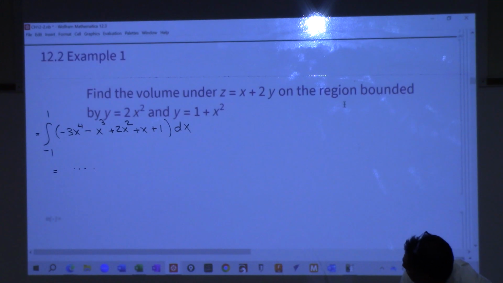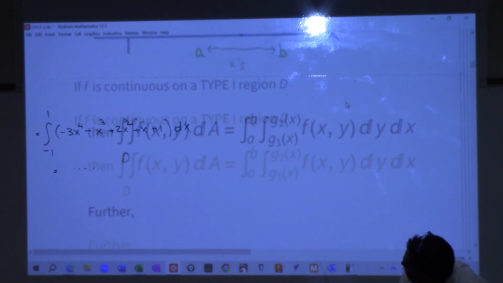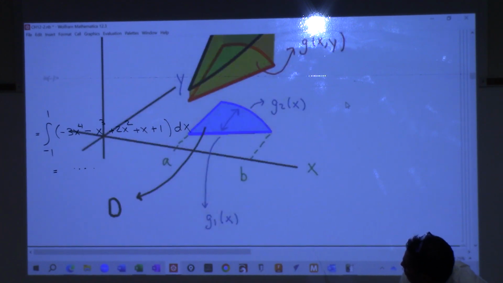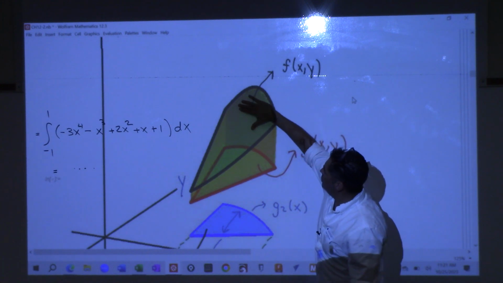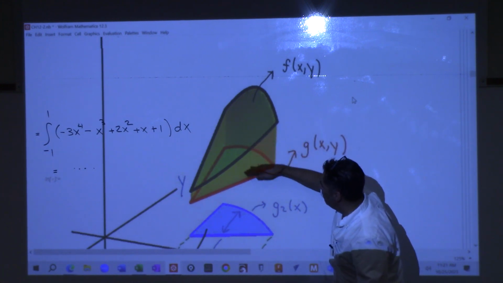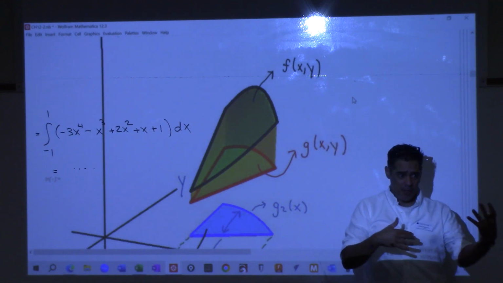All right, so now I'm going to scroll back up. Type 1 region: if we had two surfaces, a surface on top and a surface on bottom, we want to find the volume between them. It's the same idea, you subtract, just like I told you at the beginning of class.